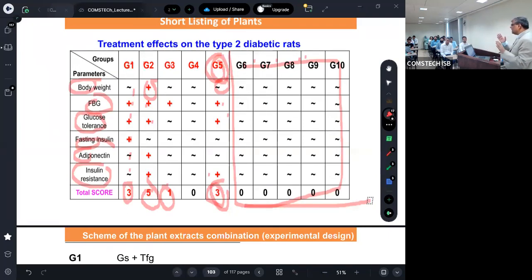We call this saturation. The components present in the first 5 plants may be similar in the other plants 6 to 10. There are two possibilities: one is saturation, the other is that the remaining plant extracts have compounds already present in the previous group.